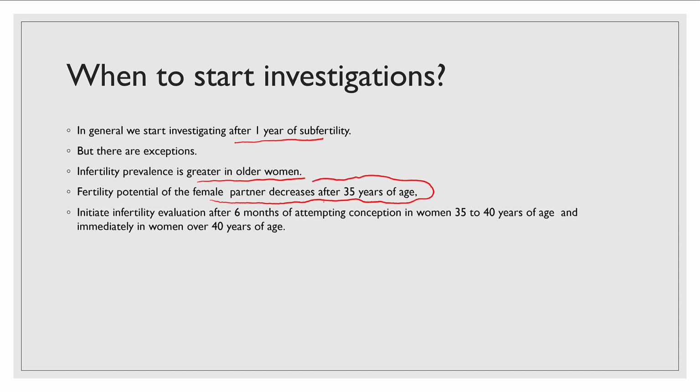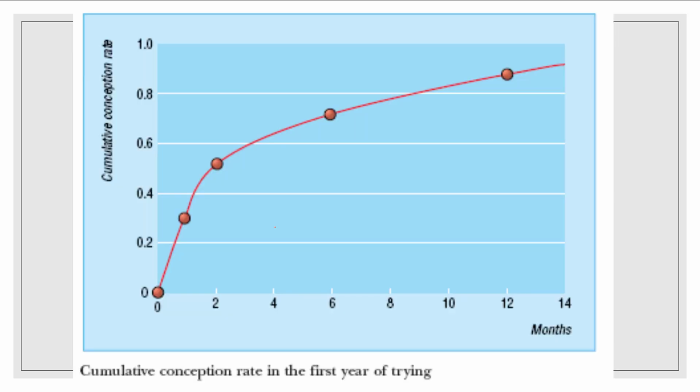We know that after 35 years of age, a female's fertility starts going down. So if the woman is between 35 to 40 years, you might start treating or attempting investigations after 6 months. If the woman is above 40 years, go for your investigations the moment they present to you.